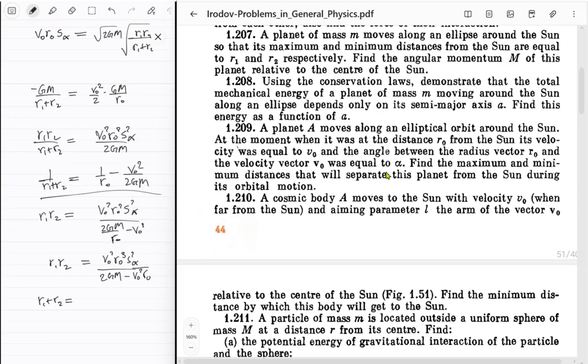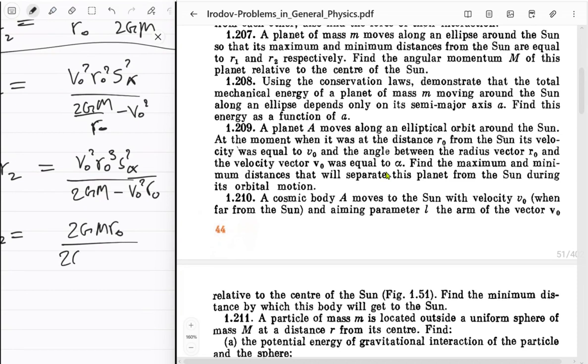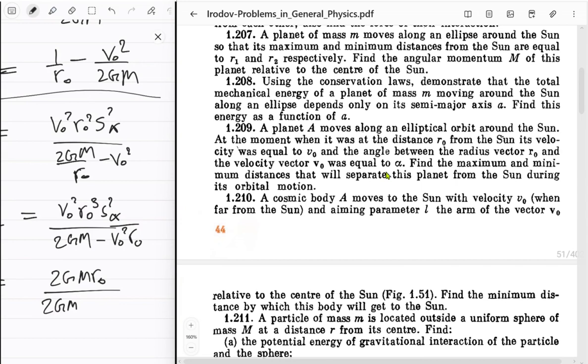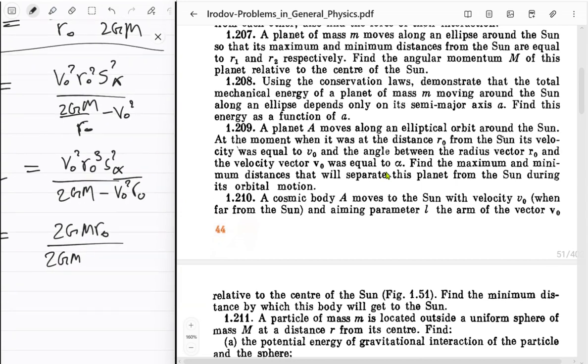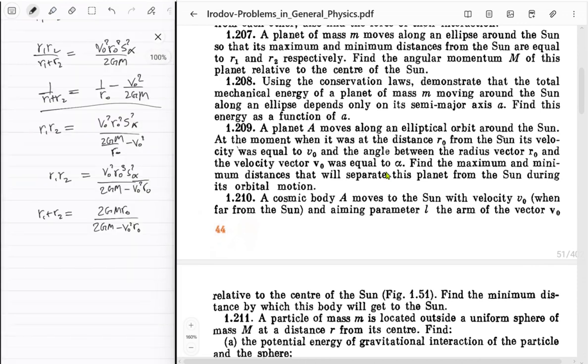So you got 2gm r naught upon 2gm. This is not helpful. Minus v naught squared r naught, whatever. Okay, now think about it. How do I get this thing? The denominator is not even the same.